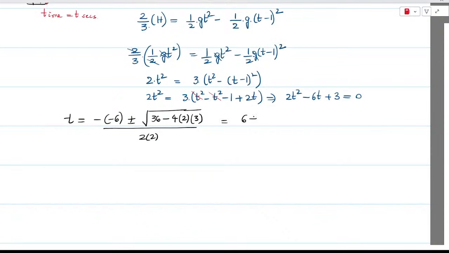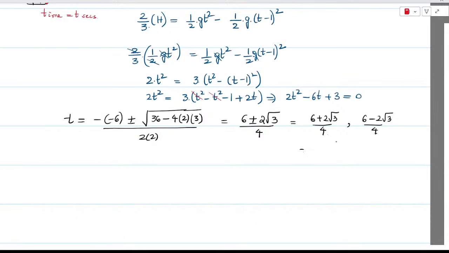So this is 6 plus or minus the square root of 36 minus 24. So 36 minus 24 is 12, and root 12 can be written as 2 root 3, divided by 4. So this is 6 plus 2 root 3 by 4 as one answer, and the second would be 6 minus 2 root 3 divided by 4.